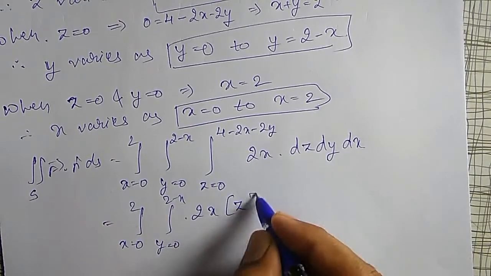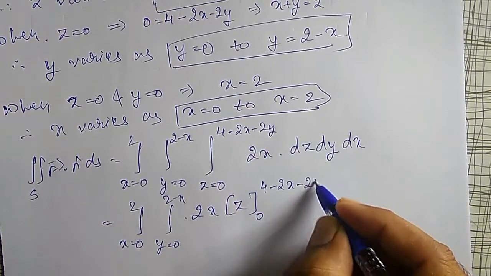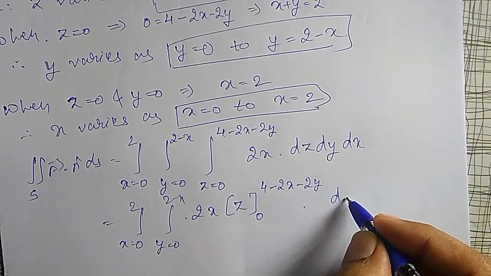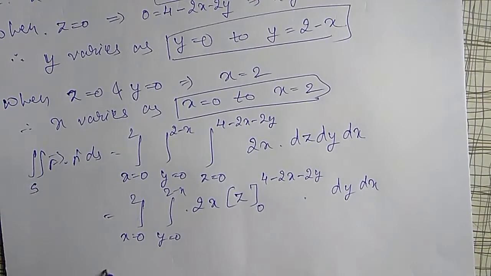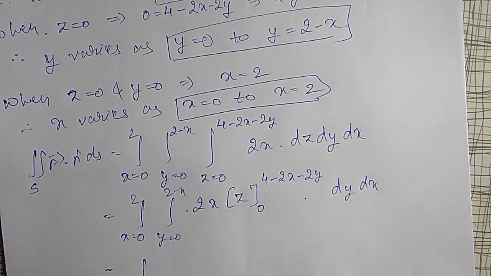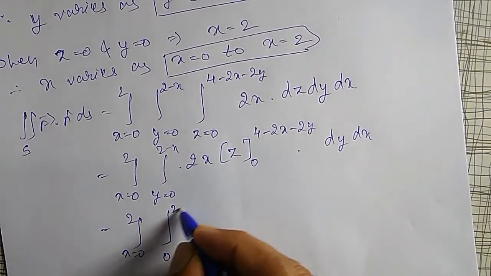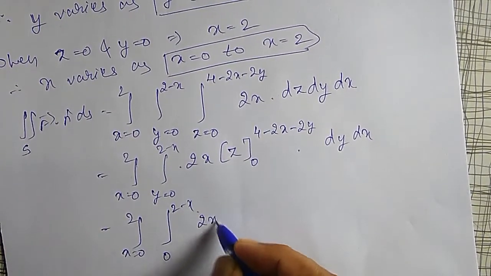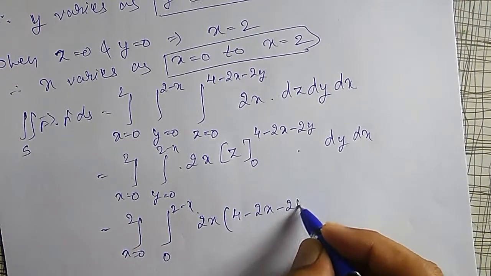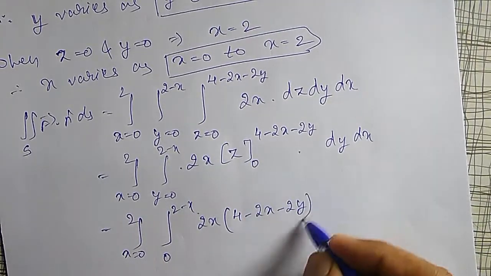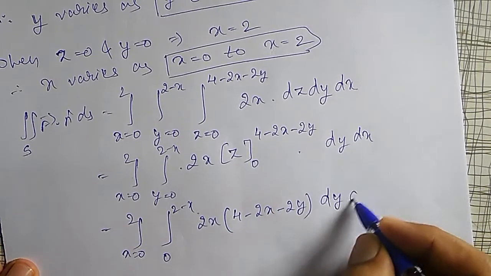2xz between the limits 0 to 4 minus 2x minus 2y, into dy dx, because z I have integrated with respect to z. Upper limit minus lower limit will become x equal to 0 to 2, then y equal to 0 to 2 minus x, 2x into bracket 4 minus 2x minus 2y minus lower limit, which is 0, into dy dx.